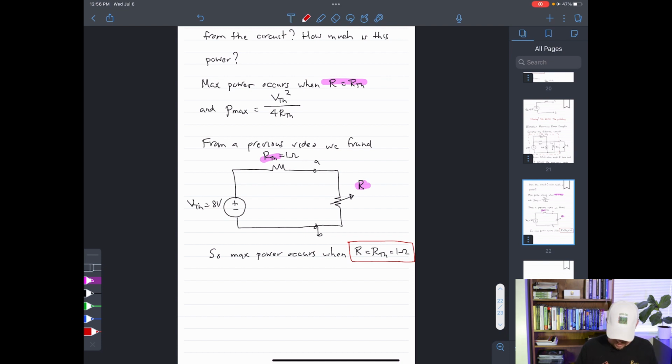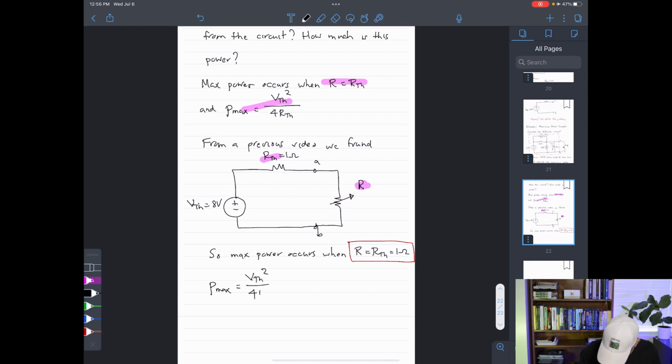Now, the second part of the question was not just what value must that variable resistor have in order to extract maximum power from the linear network, but what the maximum power is. Well, we can use this result found in a previous video. So here, the max amount of power is the Thevenin voltage squared divided by 4 times the Thevenin resistance.